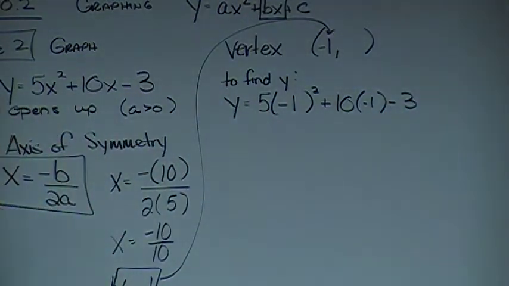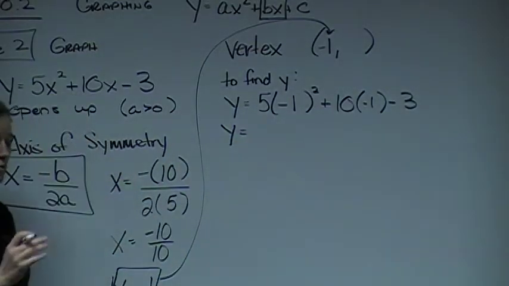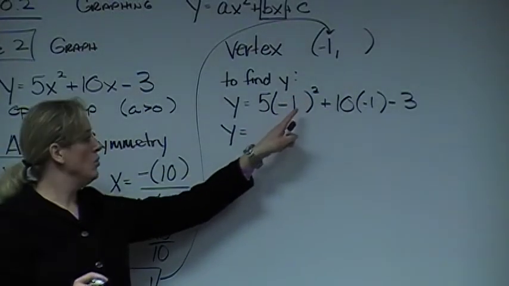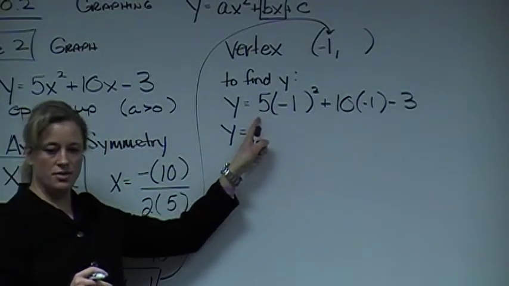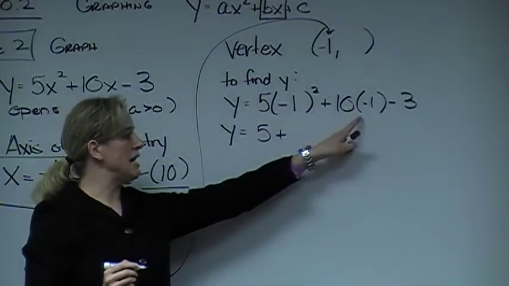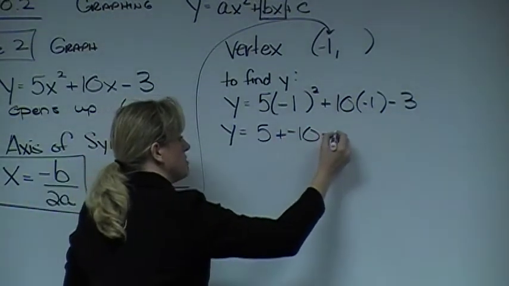Okay? Again, you could use your calculator, but we're going to do it together. So y equals, order of operations tells me to do my power first. Negative 1 squared is 1 times 5, 5, plus 10 times the negative 1. Negative 10, and then bring down the minus 3.